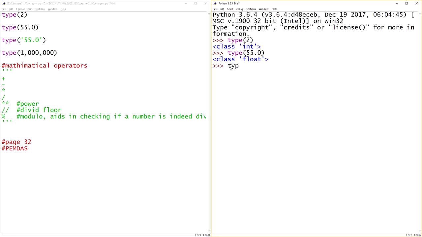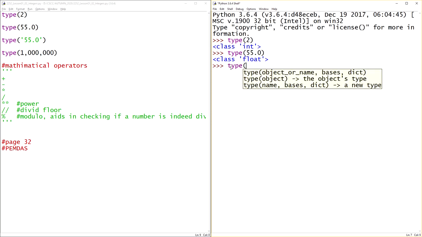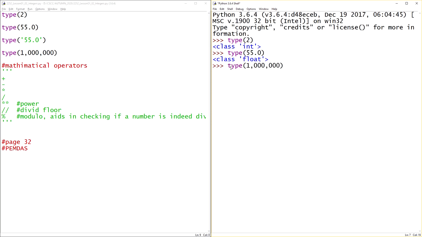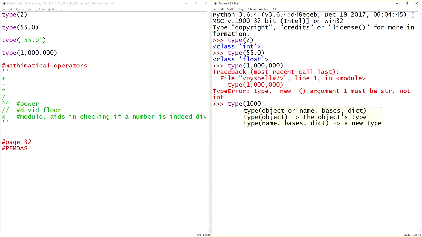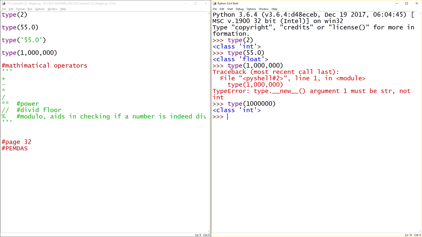Now if we do a type on what we think is 1 million and hit enter, you see we receive an error. It's a combination of integers and strings. If we want to get the type of 1 million, we leverage it without commas.